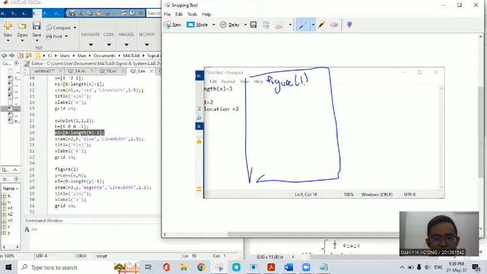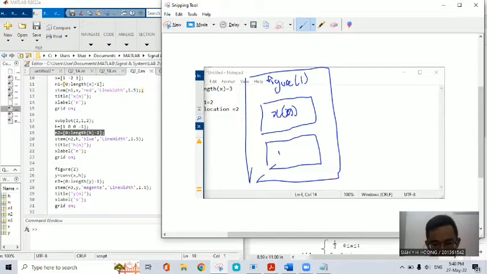I will have one graph right here, which is the x[n], and this is the h[n] right here. This is subplot 2, 1, 1.